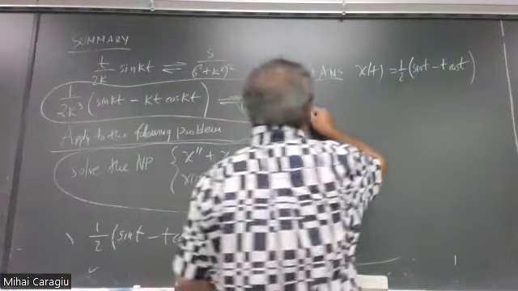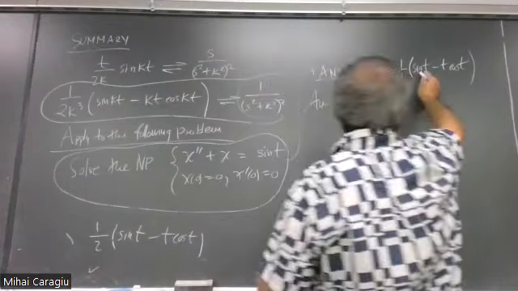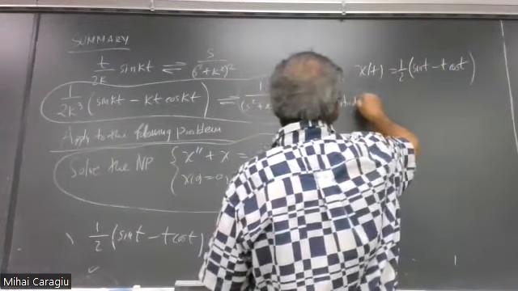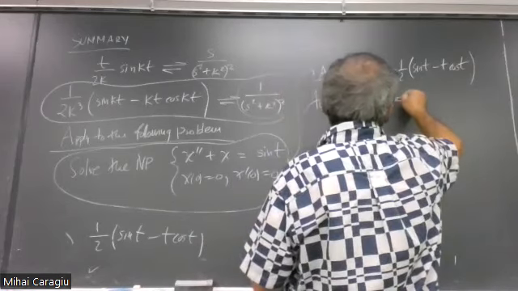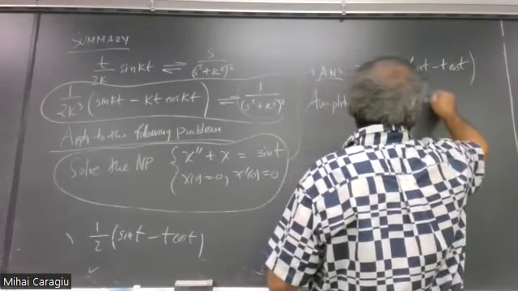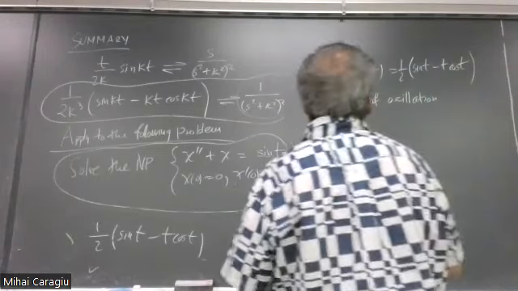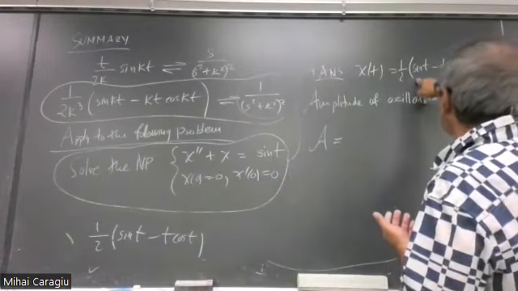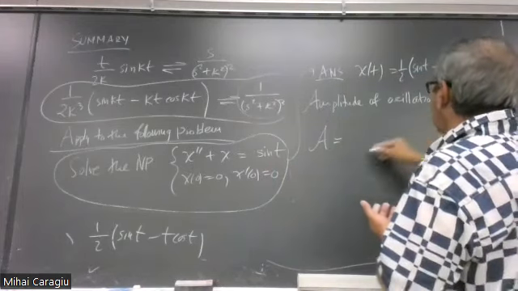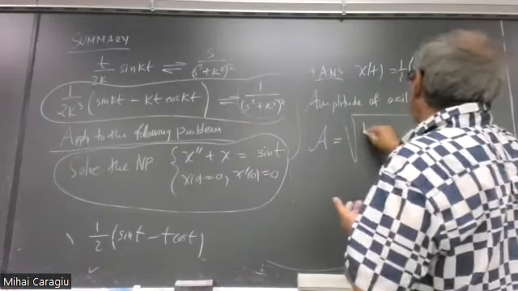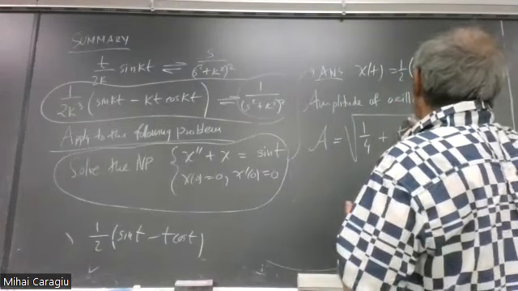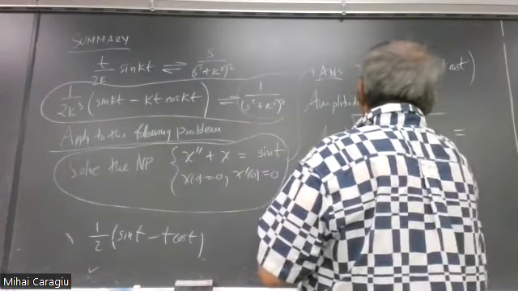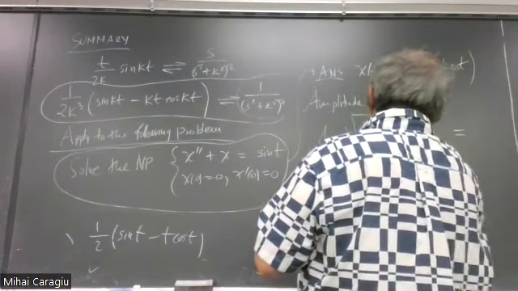So what's the amplitude of x of t, which is 1 over 2 times sin t minus t cos t? Amplitude of oscillation: A will be, since any combination of sin t and cos t has amplitude equal to the square root of the coefficient of sine squared plus the coefficient of cosine squared, the square root of 1 over 4 plus t squared over 4, which is the square root of 1 plus t squared over 2.